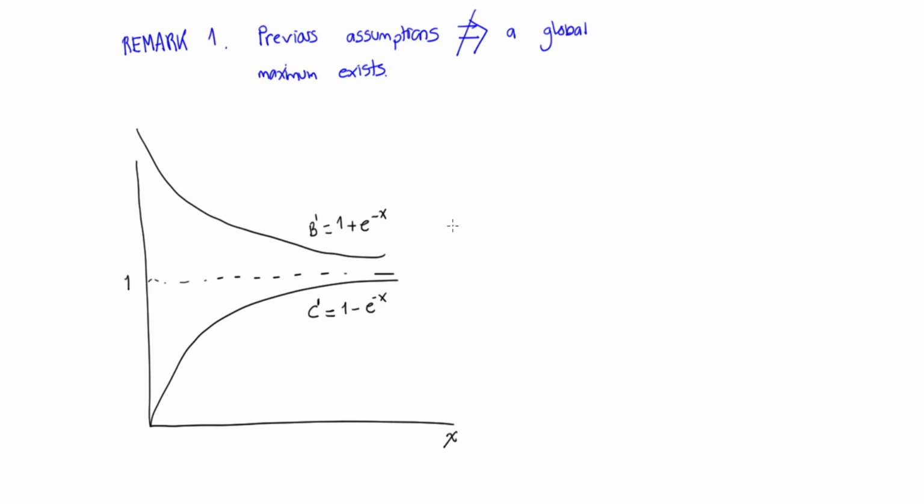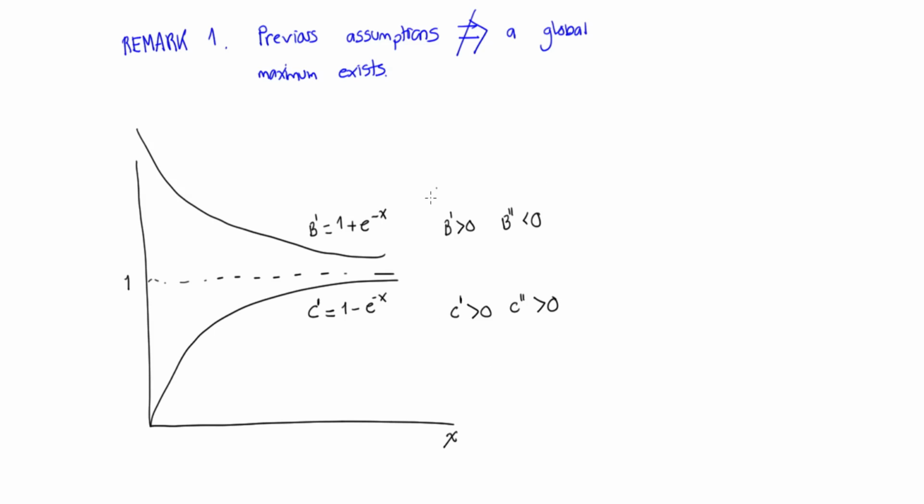Now, notice that these functions satisfy the concavity conditions. B prime is greater than 0. It's easy to check that B double prime is less than 0. C prime is greater than 0, and C double prime is greater than 0.